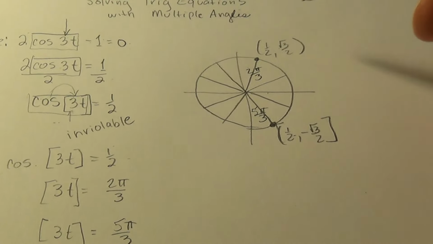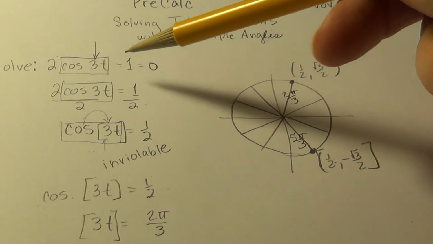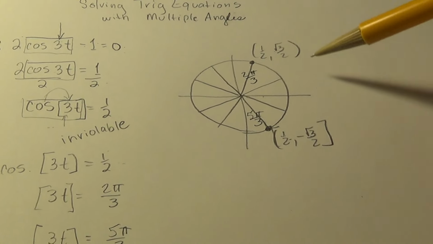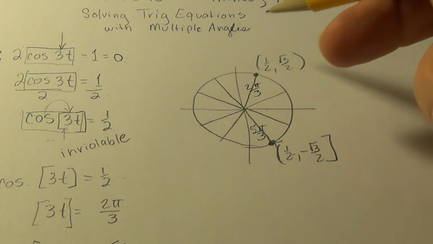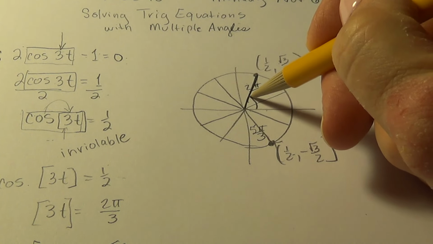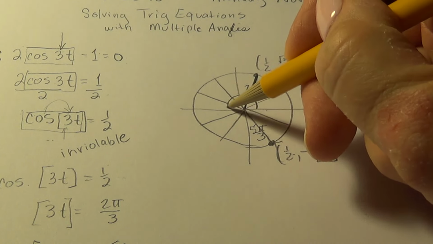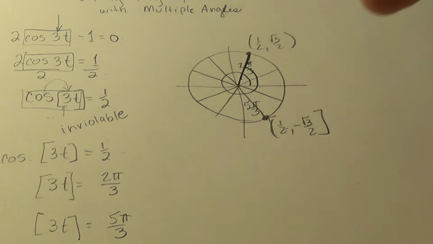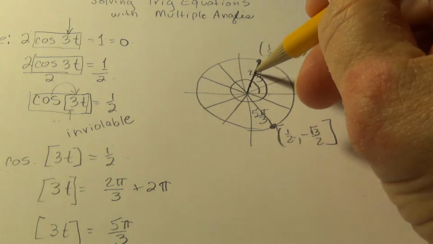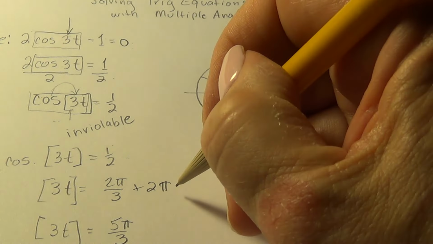And notice I haven't restricted where we can look for these answers, so they're going to be forever. We can look at forever and ever. So this one, why stop there? Let's go around again. So that would be plus 2 pi. Why stop there? We can go around again, and again, and again.